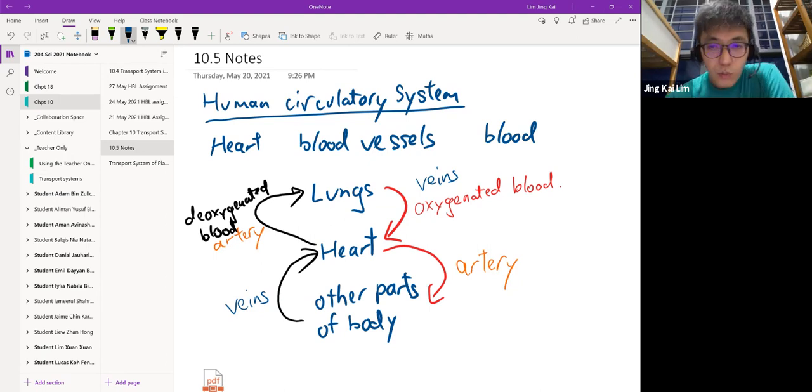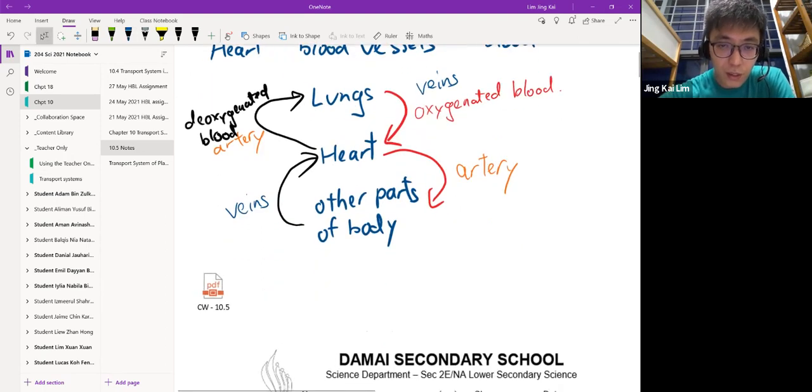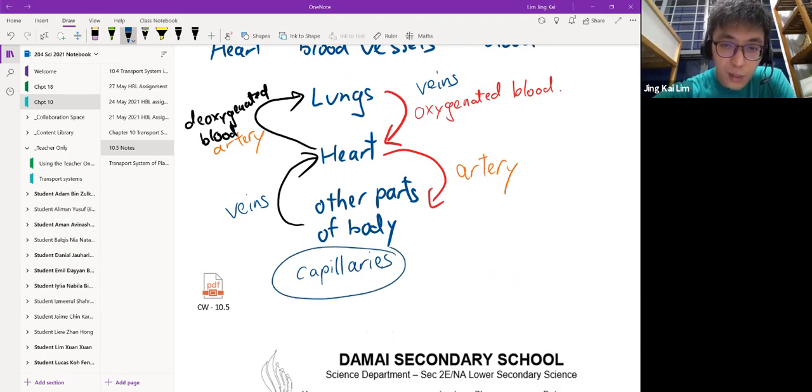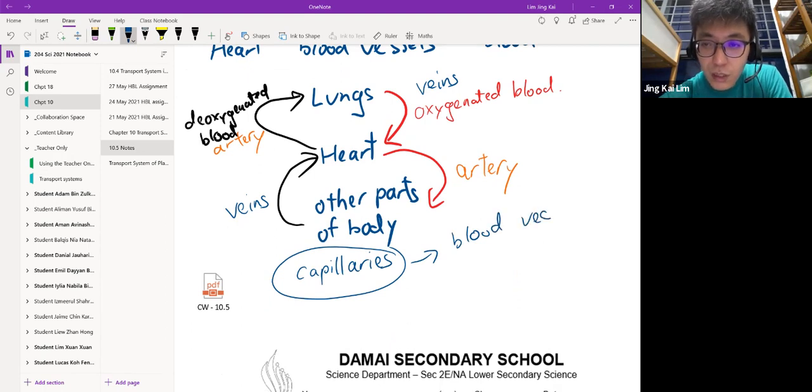With this out of the way, there's also one more kind of blood vessel called the capillaries. Capillaries are blood vessels that are very thin. How thin are they? They have walls only one cell thick.